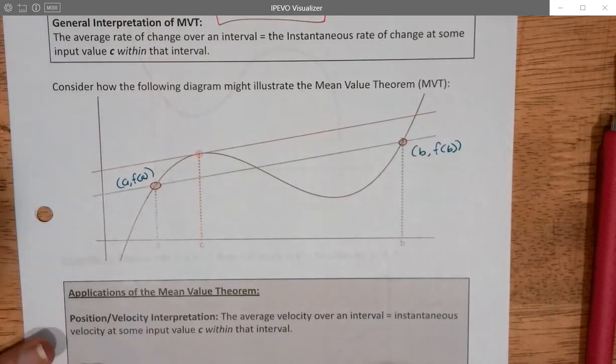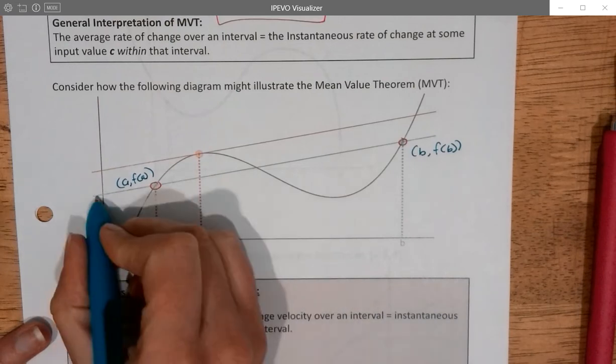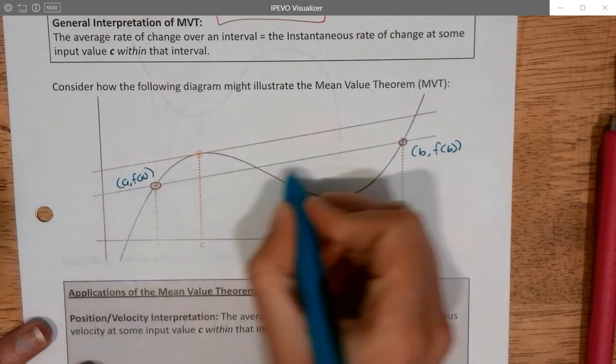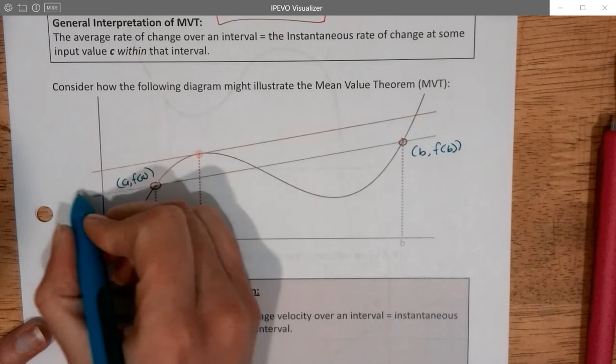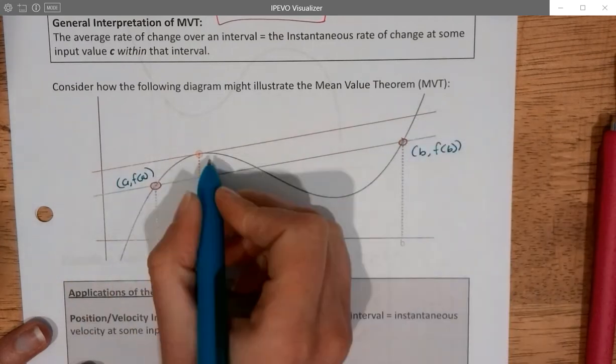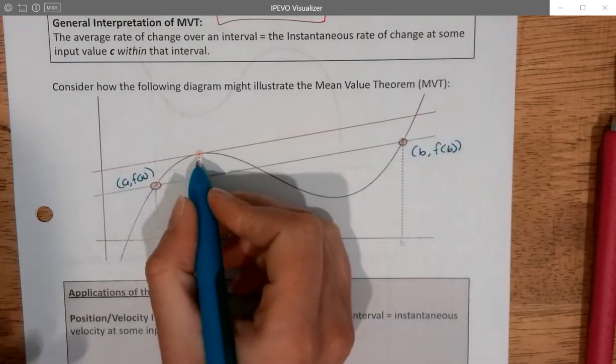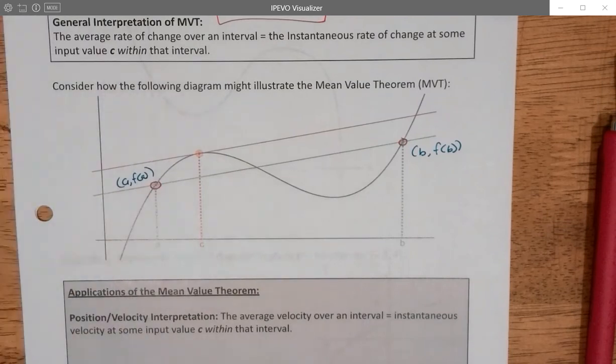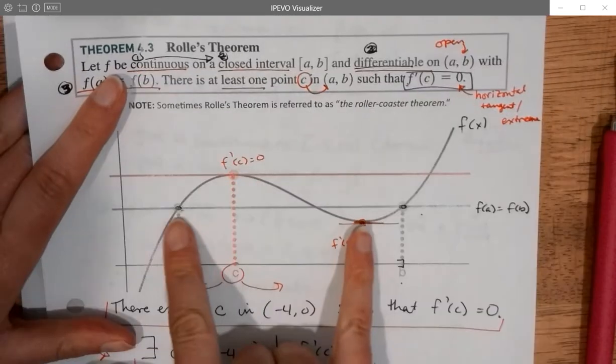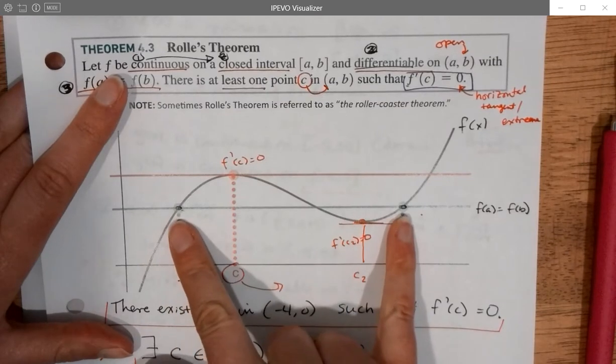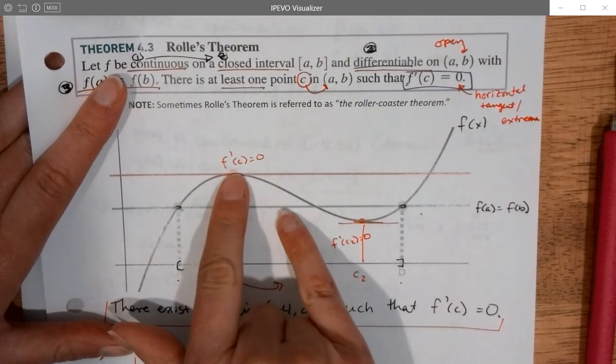So what it's saying is that the slope between those two points will be realized at another point in the interval. Now, if you look back at Rolle's theorem, that's just a special case because the slope between those two points is just 0. It's saying that that slope of 0 is realized between them.